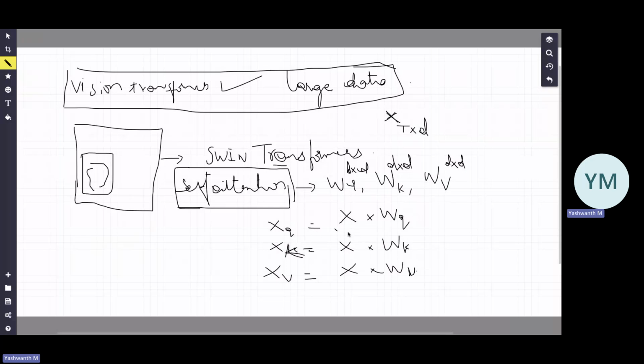Mixing doesn't happen at the earlier point, so there's no mixing across the rows of X. There's just a combining of the rows of WQ with the proportions of each of the entries of the rows of the matrix X. This is where the mixing across the tokens happens, via XQ times XK transpose.